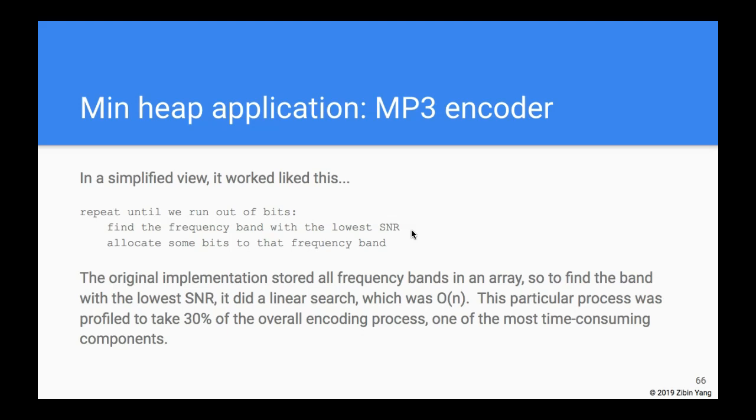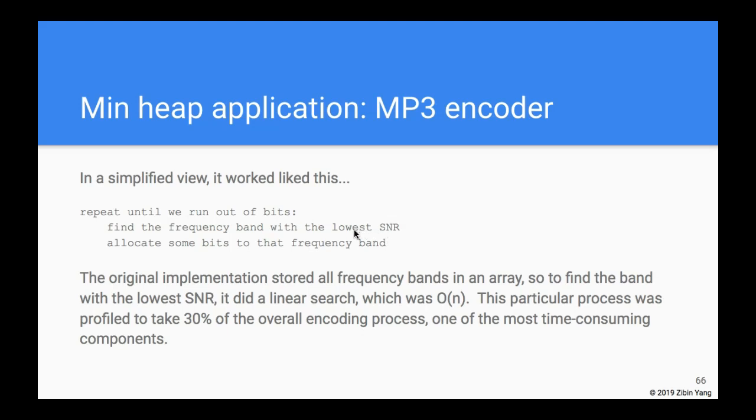For that particular frequency band, we don't have enough signal, right? Once we find that band, we give that band some bits, and more bits help to increase the signal to noise ratio.